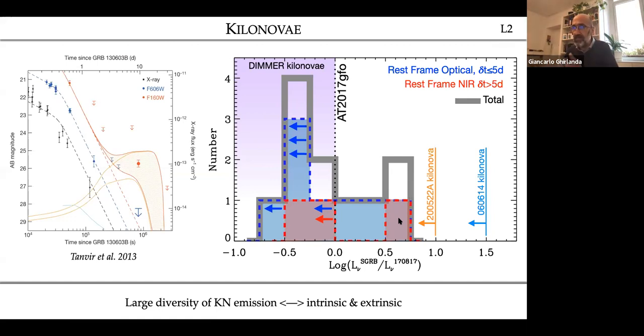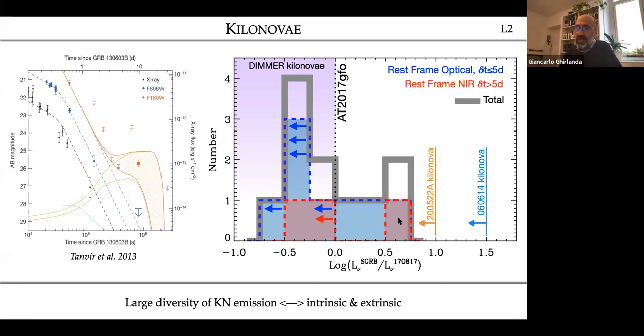There are upper limits, okay, but the bottom line here is that a fraction of these putative kilonovae, if they really are kilonovae, because there are other ways of explaining this possible rebrightening, appear dimmer than 170817. And sorry, while speaking, I will use 170817 without saying GW170817. Forgive me for this, but you understand what I'm talking about.